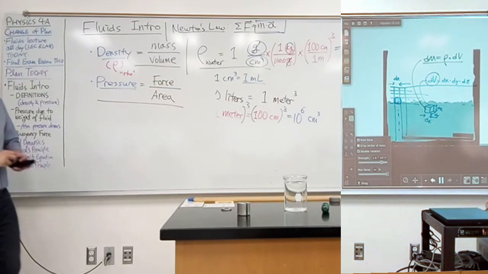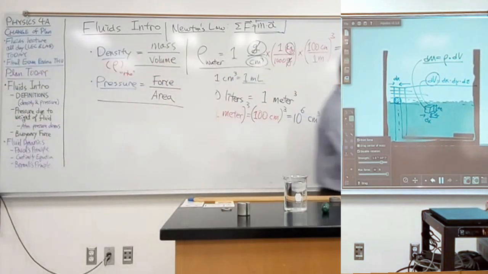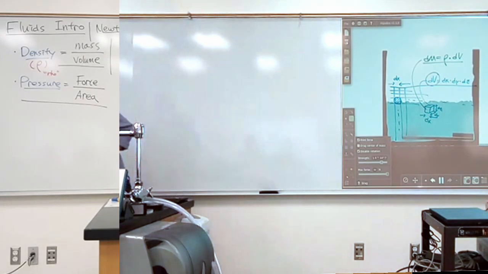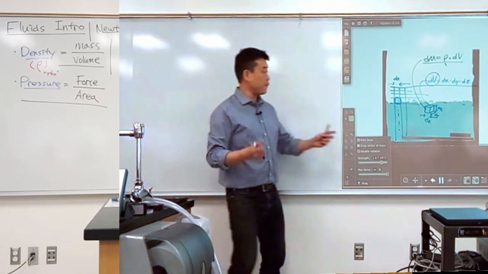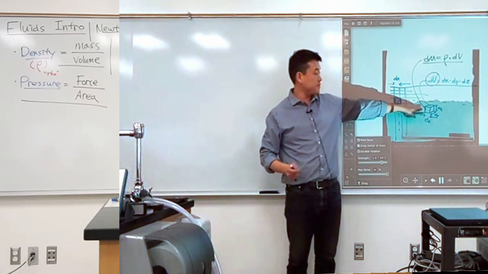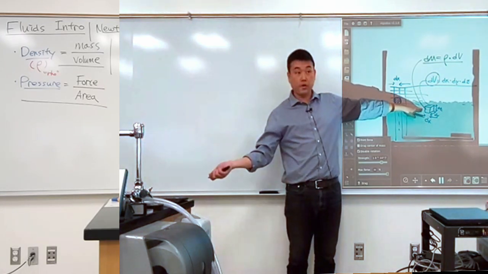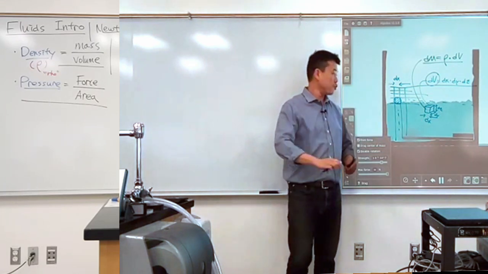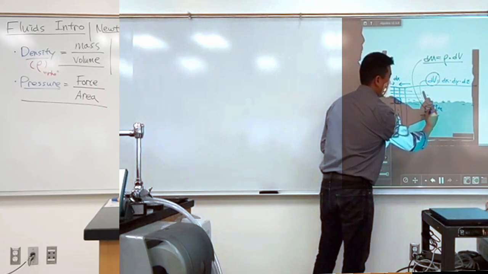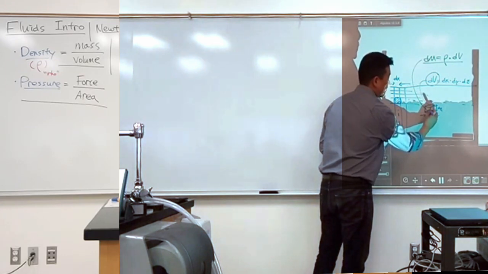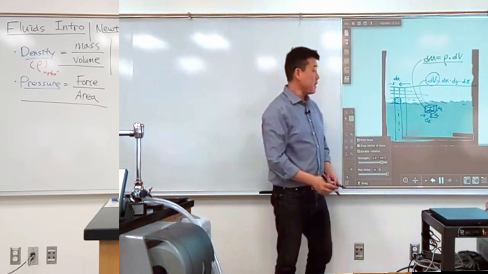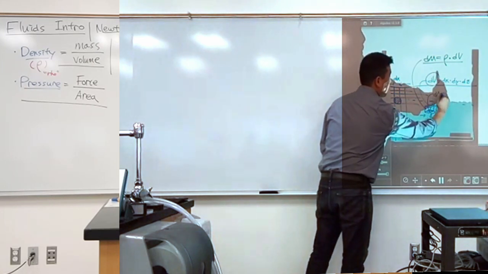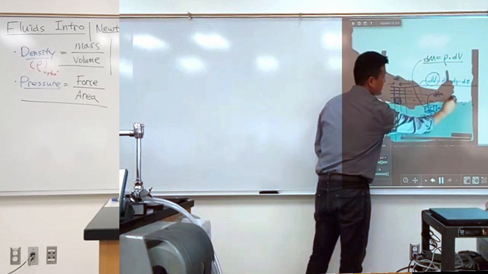So imagine you want to describe how much force is needed to have this element of fluid suspended in fluid. Then what you do is, all right, let's figure out the bottom surface area. And if I know the pressure, so let's say I know the area here, dA is the dx times dy.